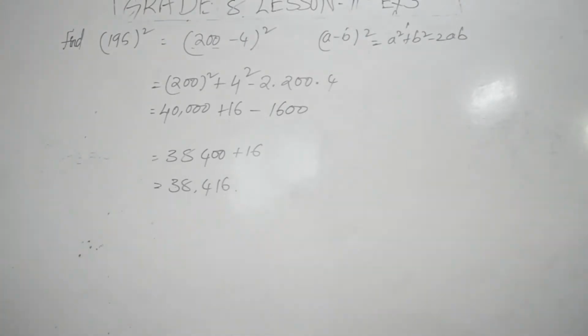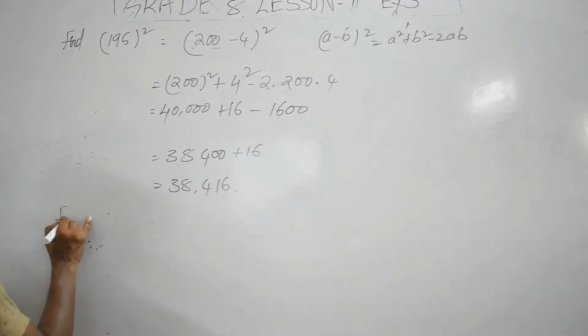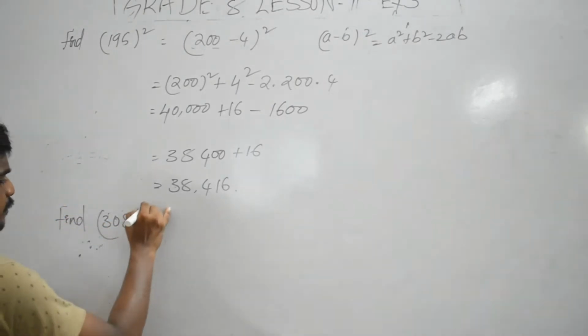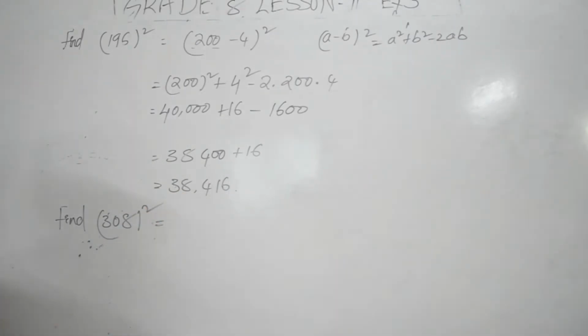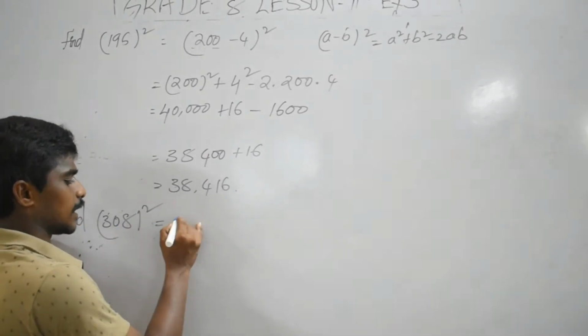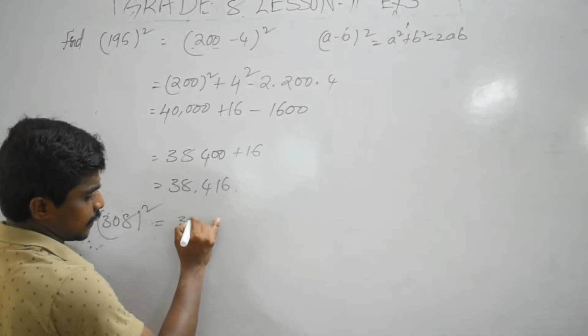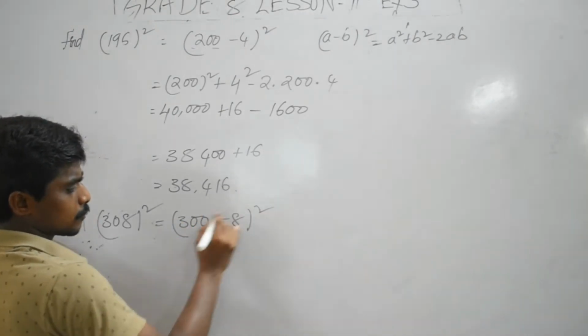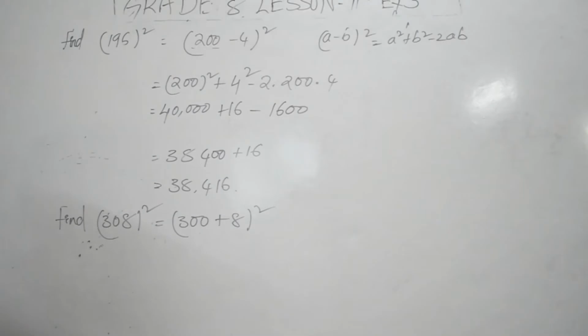Now find the value of 308 square. So how to write this? We are converting to an identity. So here, 300 plus 8 whole square. 300 plus 8, how much value? 308.